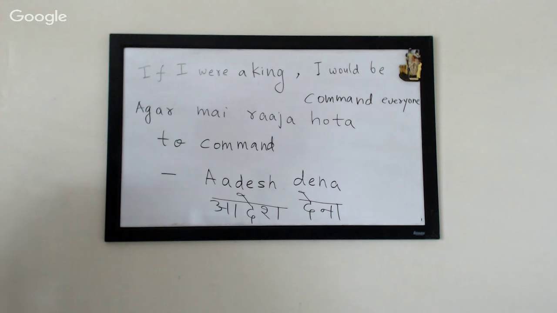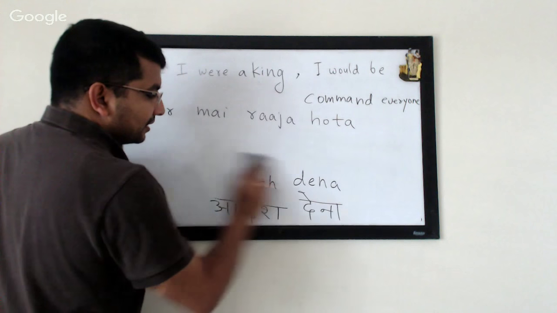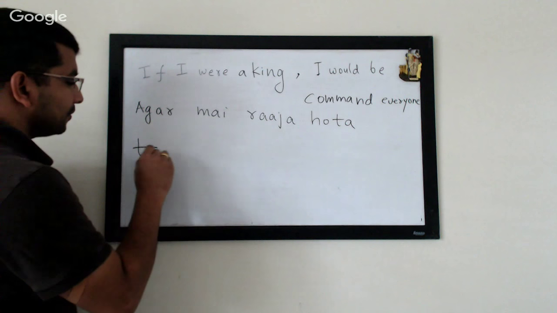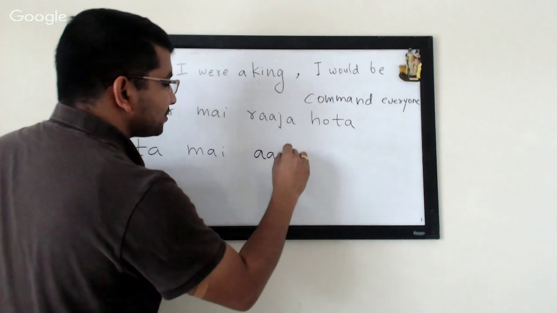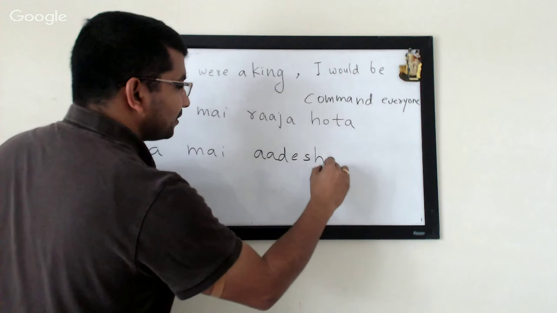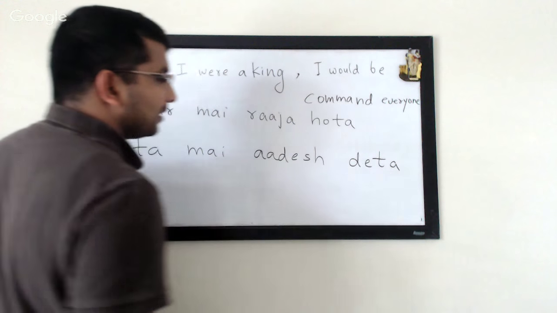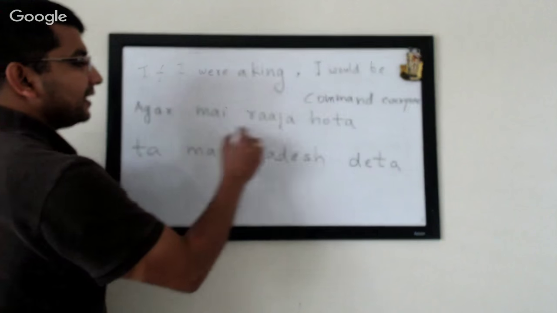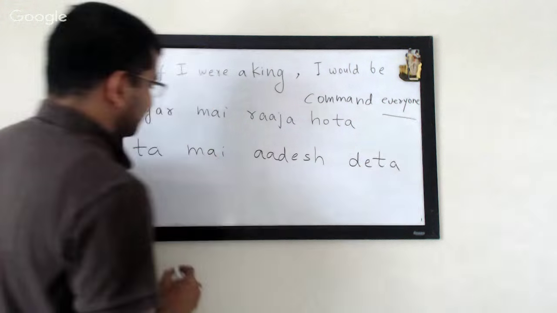For queen it's रानी, you can say अगर मैं रानी होती, okay? तो मैं आदेश, आदेश is order, आदेश देता. We're talking about a male. For female it's आदेश देती, okay? अगर मैं राजा होता तो मैं आदेश देता, but didn't everyone, right?